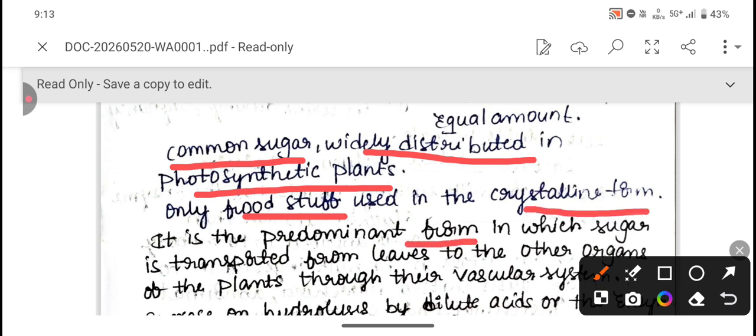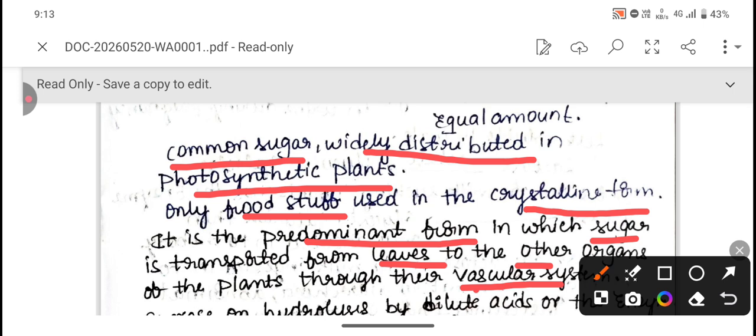It is the predominant form in which sugar is transported from leaves to other organs of the plant through the vascular system. So sucrose is the most abundant form, right? This most abundant and widely distributed form in photosynthetic plants has to be transported from the leaves, which are the food factories of the plant, to the other organs through the vascular system.